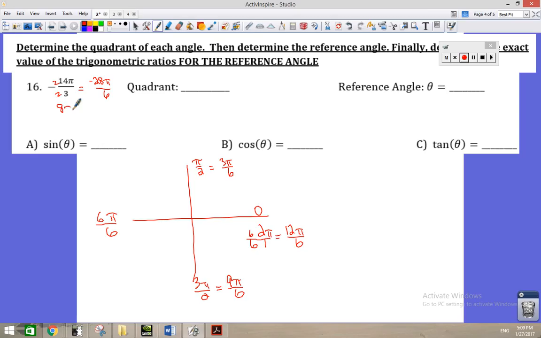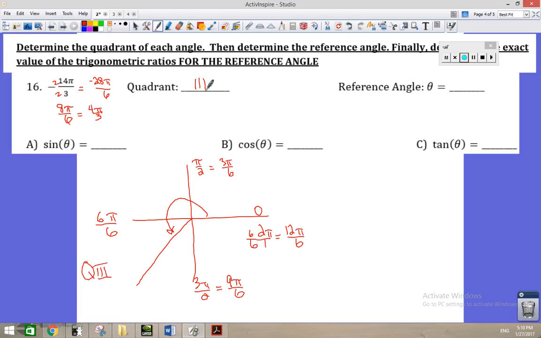So 8 pi over 6 is my coterminal angle of interest, and I'm going to reduce this to 4 pi over 3. The last comparison I need is that 8 is bigger than 6 but smaller than 9. So 8 pi over 6 is in quadrant 3.